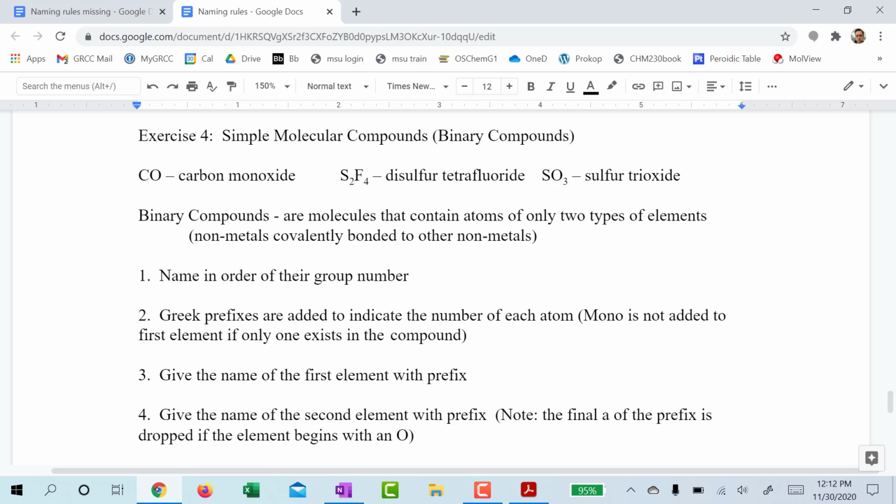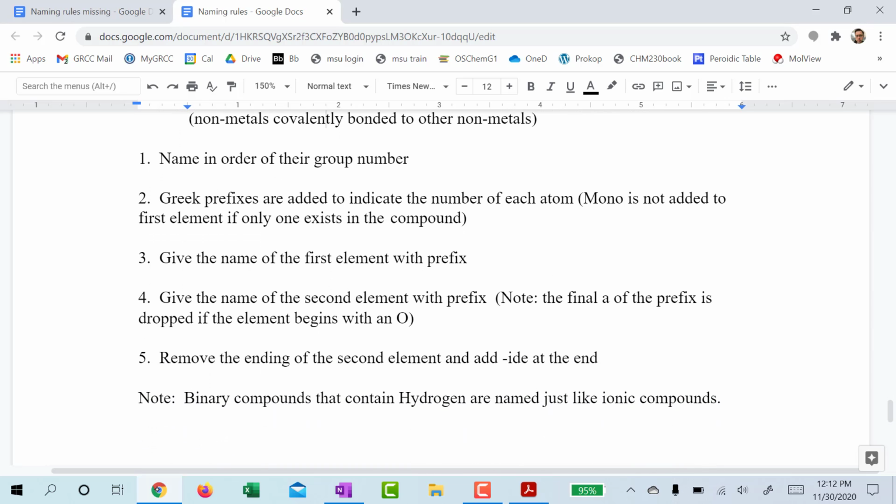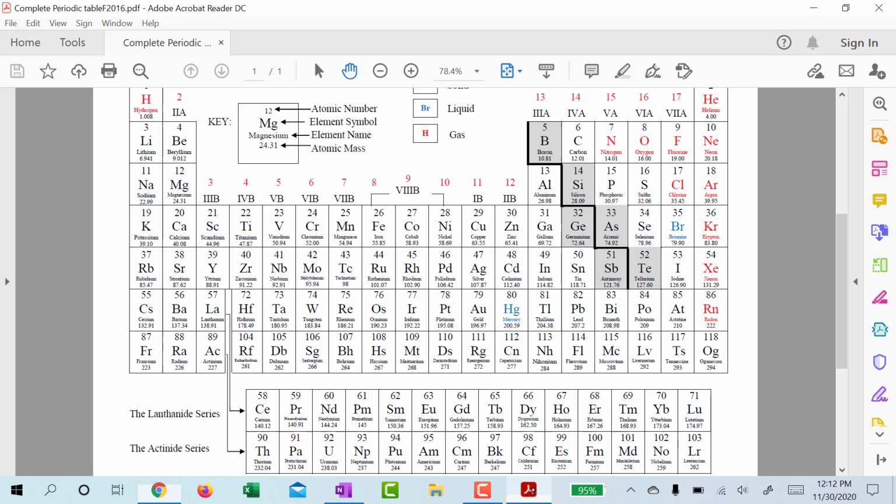Remember, molecular compounds are nonmetals and nonmetals. These are the rules. I gave you a definition: they contain 2 types of elements, nonmetals, covalently bonded to other nonmetals. You name them in order of their group number. So that means that you go carbon before oxygen, or nitrogen before oxygen.